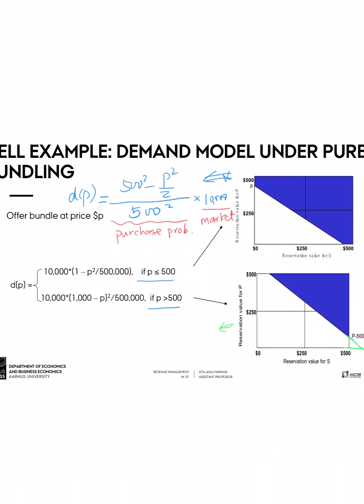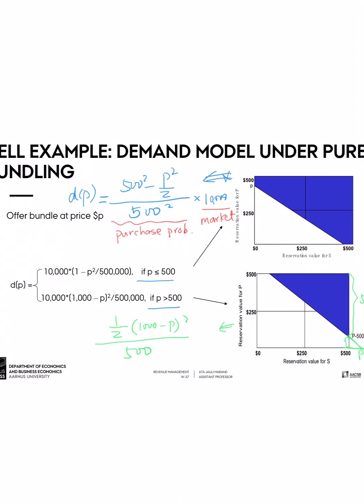When the bundle price is greater than 500, the cross point is P, so this small area is P minus 500, and this other area is 500 minus (P minus 500), which equals 1000 minus P. So the shaded area is half times (1000 minus P) squared.